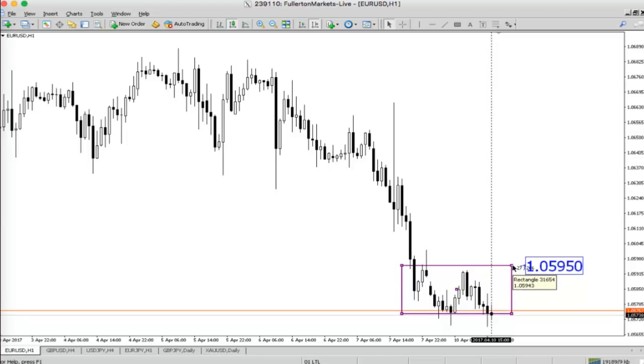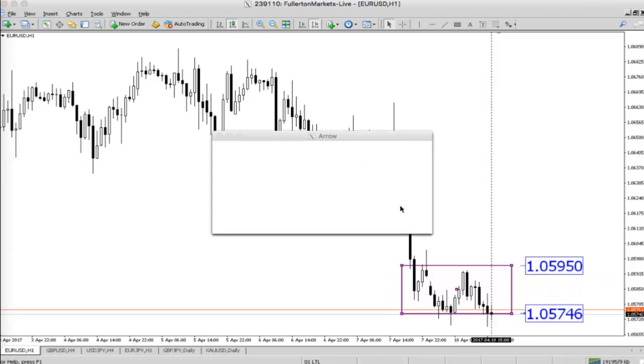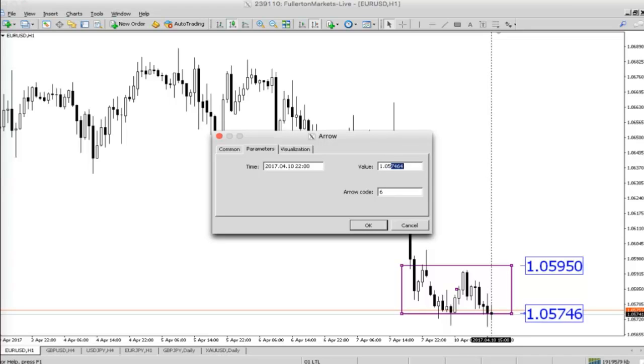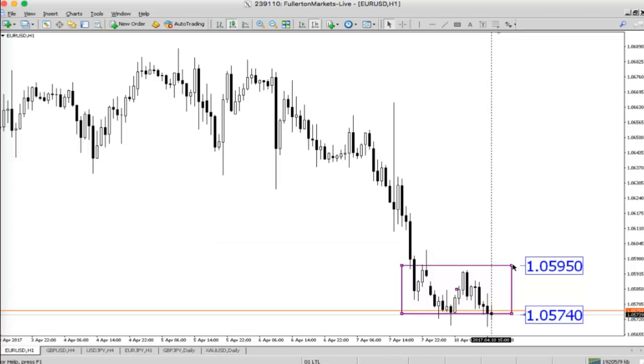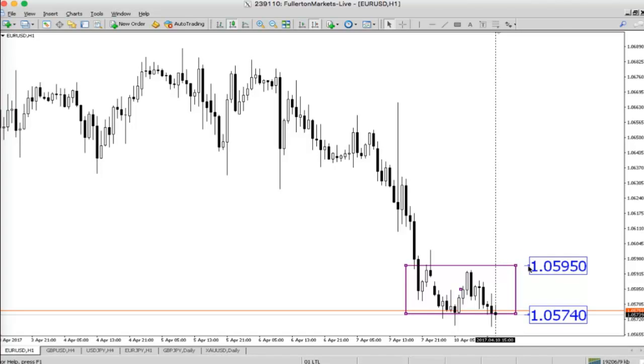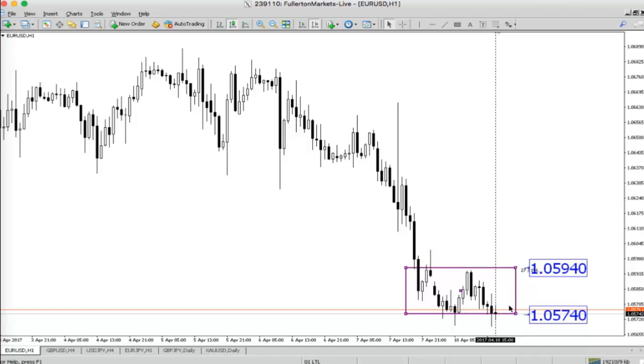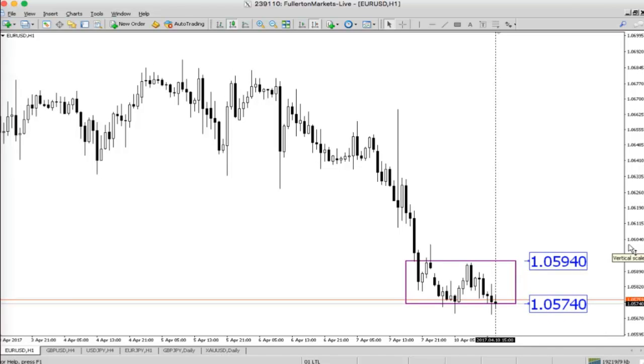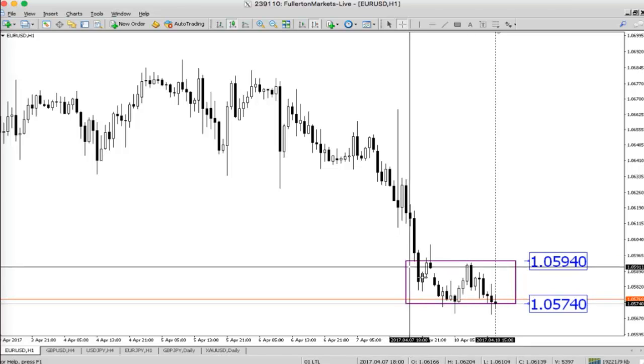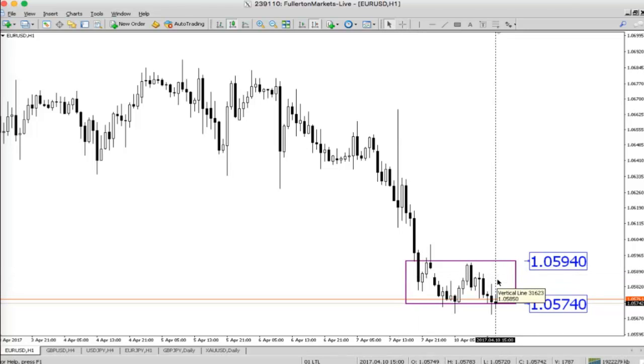Plus or minus 1 or 2 pips shouldn't make much of a difference. 1.0594 and 1.0574. This is a very tight 20 pips range in the last 18 hours of trading.